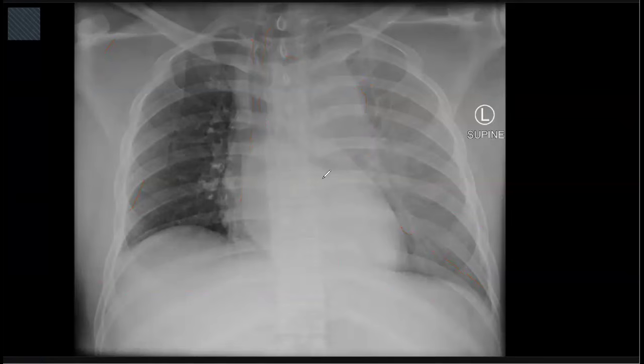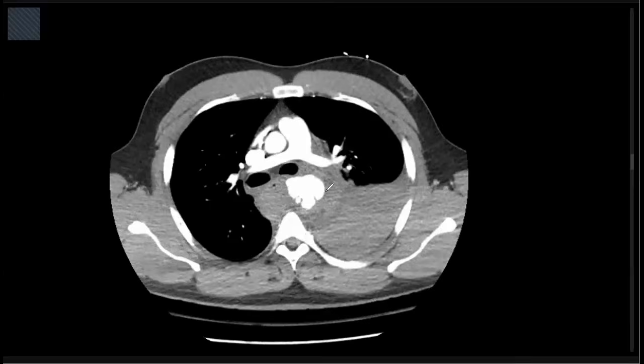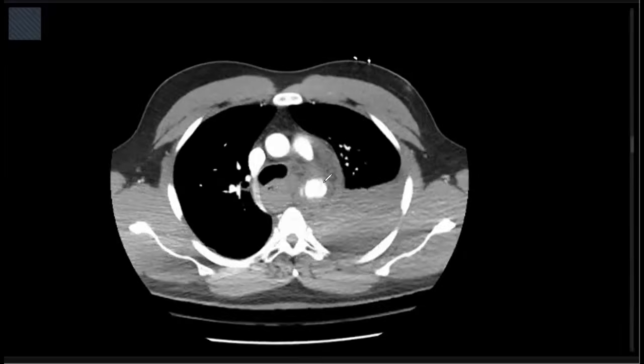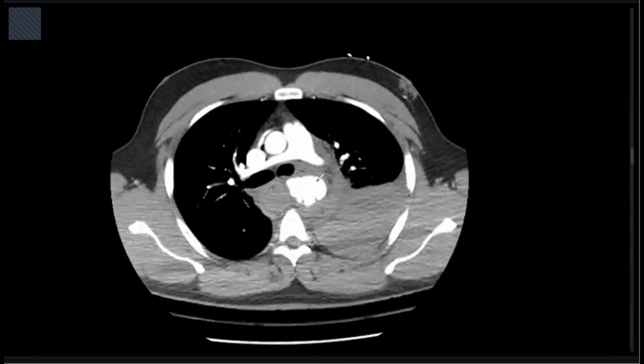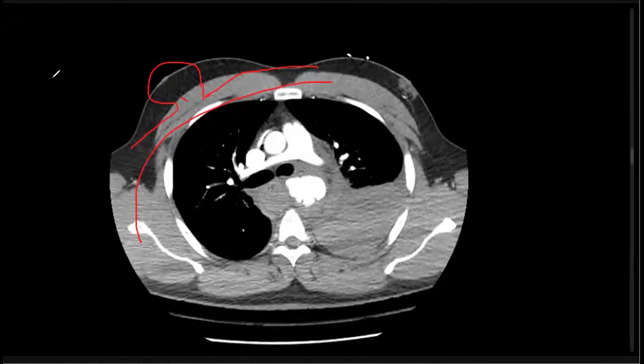I'm suspecting aortic injury. Okay, urgent CT aortogram, and on the CT aortogram you can find the presence of a traumatic pseudoaneurysm. There is injury to the intima, and there is formation of the aneurysm from the outer layer of the aorta.